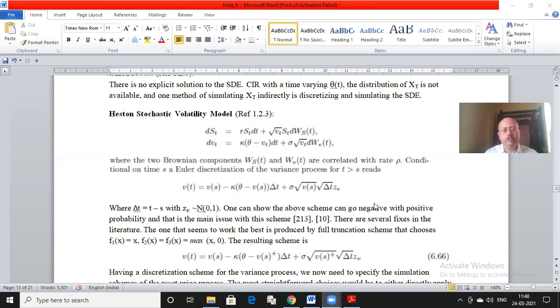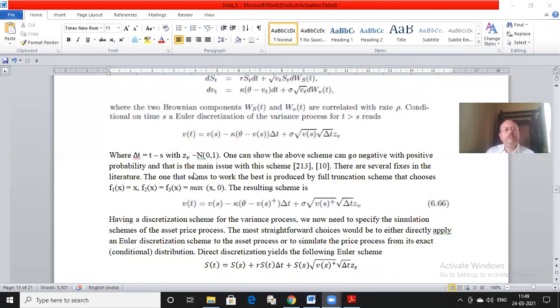So that's the Eulerian approximation for the variance process. Now again, one can show that the above scheme can go negative with some positive probability, and it's a major issue with this scheme. So to fix it, what people usually employ is called a truncation scheme. So the one that seems to work the best is produced by a full truncation scheme that will choose f1(x) equal to x, f2 and f3 equal to maximum of x and 0.